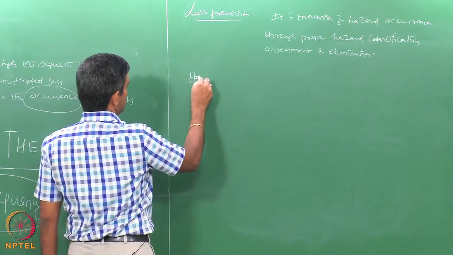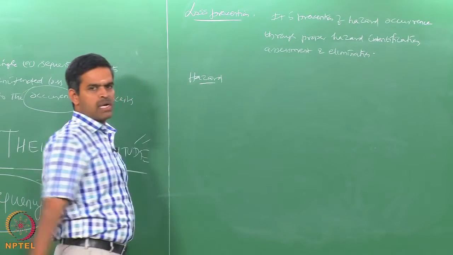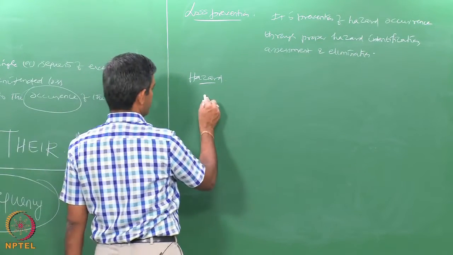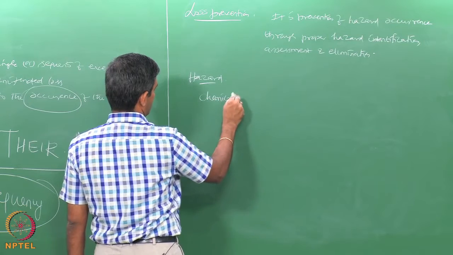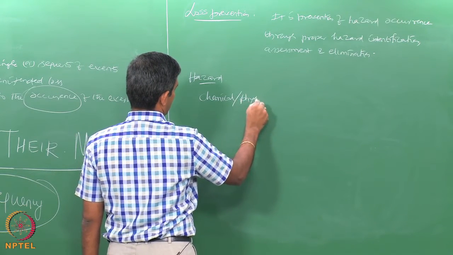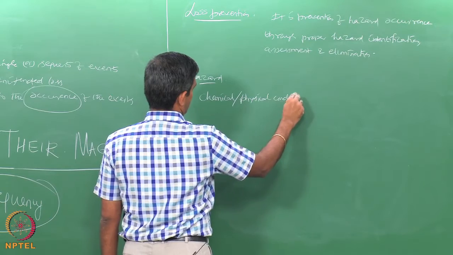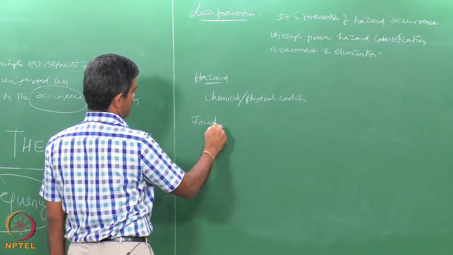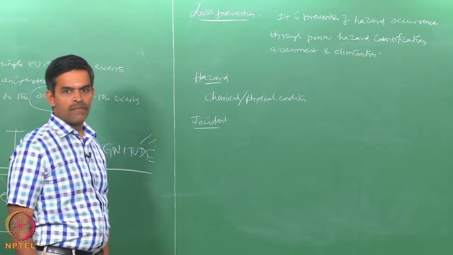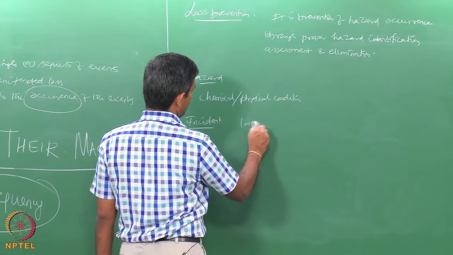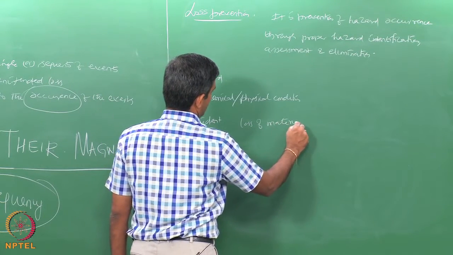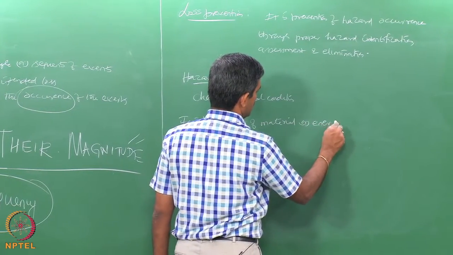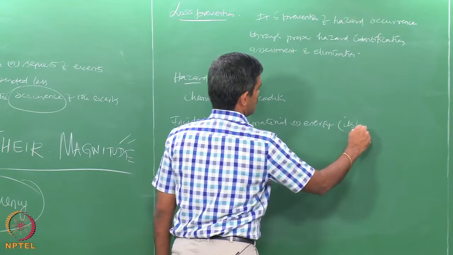We already said what a hazard is. Hazard is a chemical or physical condition. We also said what an incident is. Incident is the loss of material or energy and its likelihood.